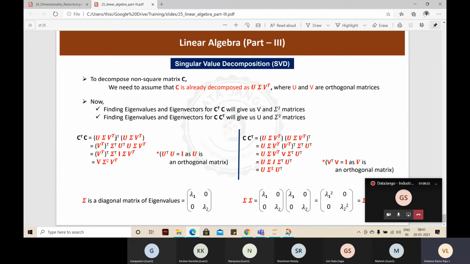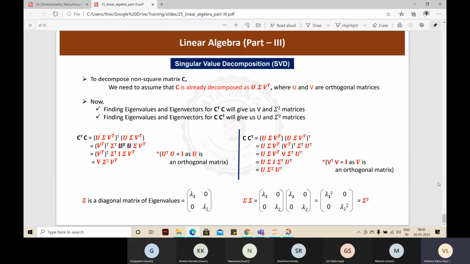If you look at this part, U transpose U is going to be I because U is an orthogonal matrix. When you multiply any matrix with I, you get the same matrix. So sigma transpose sigma is going to be sigma square because sigma is a diagonal matrix, with lambda 1, 0, 0, lambda 1.